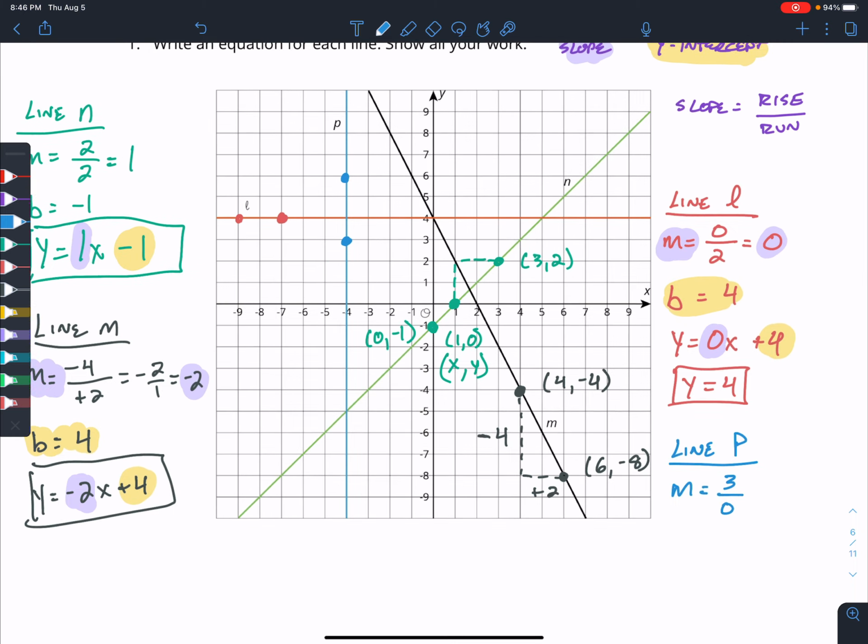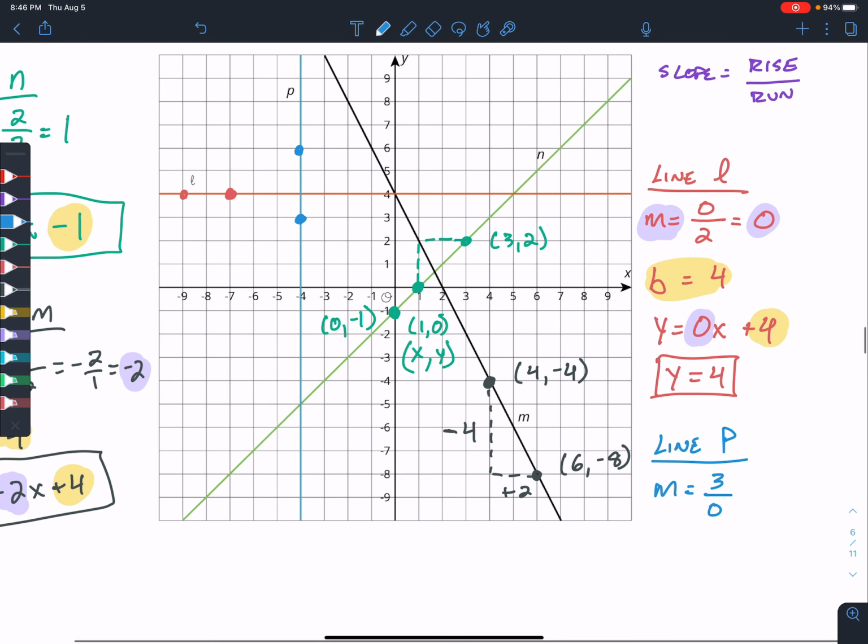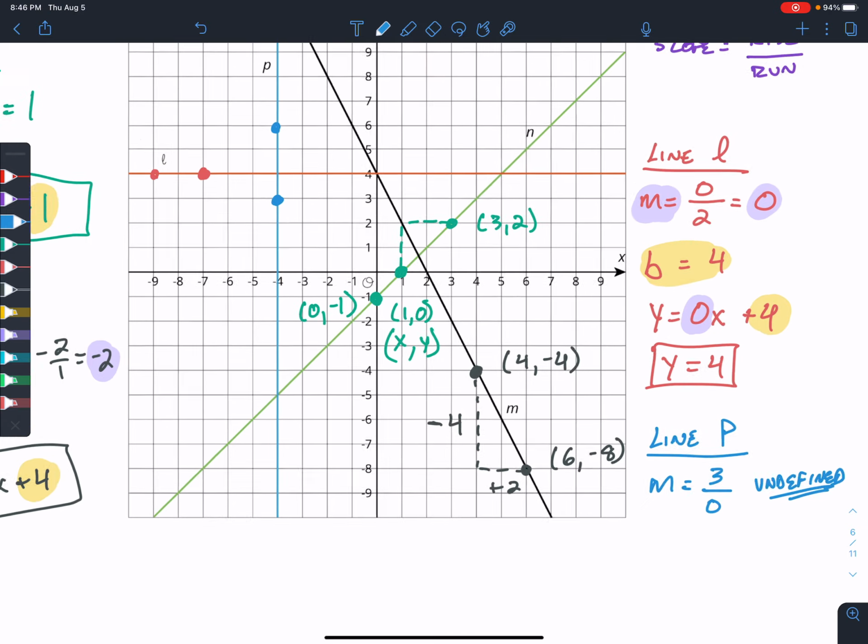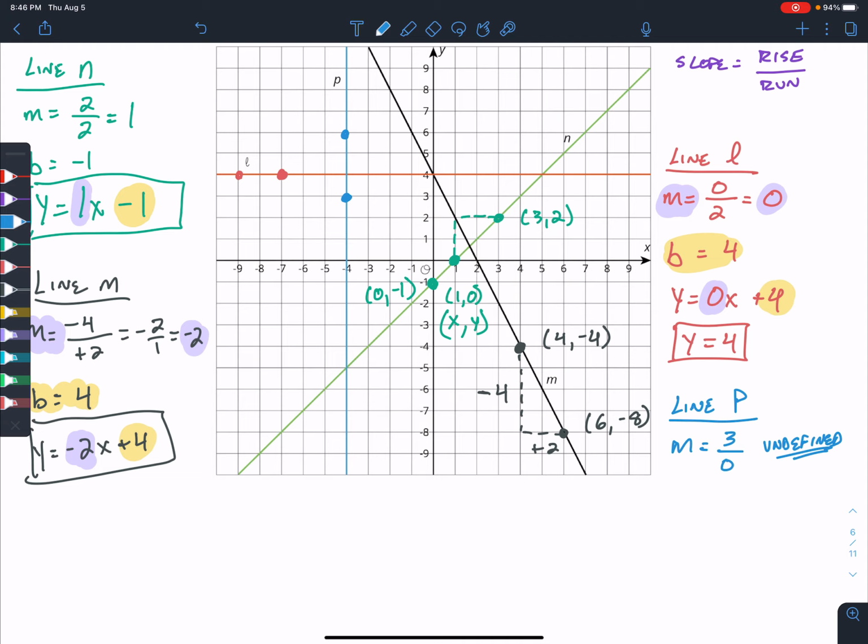And 3 divided by 0, it's a little different than 0. This says this is not possible. We say that's undefined because it's not possible to divide 3 into 0 parts. So this is undefined. And if something is undefined, we kind of say that does not exist.